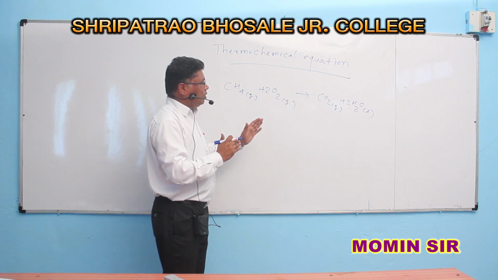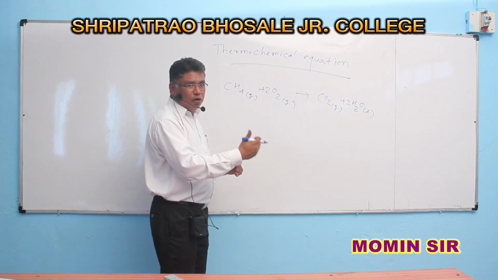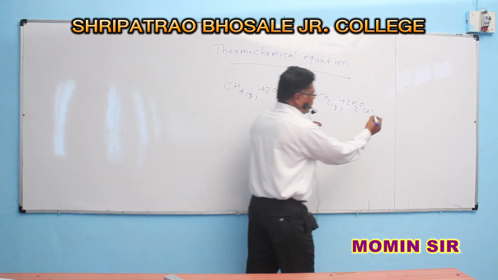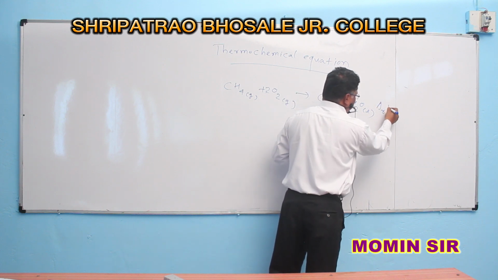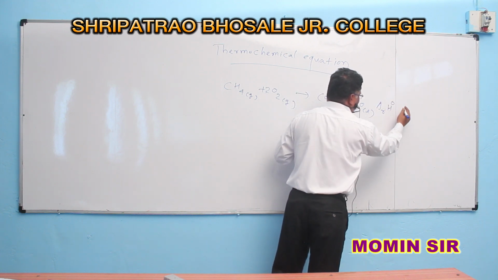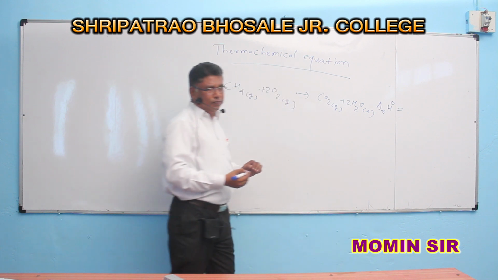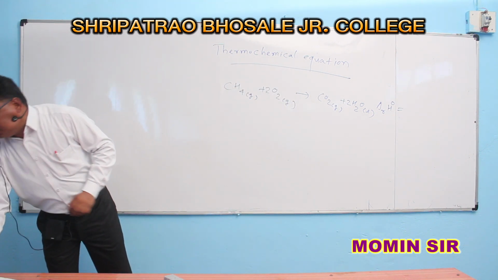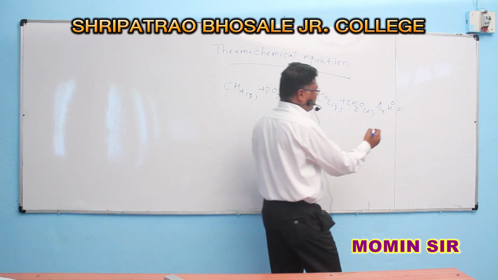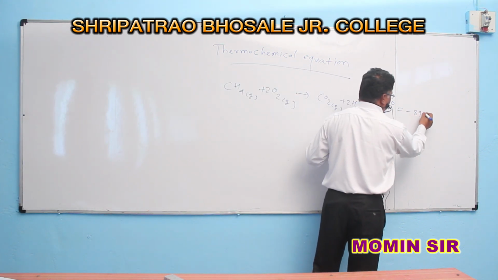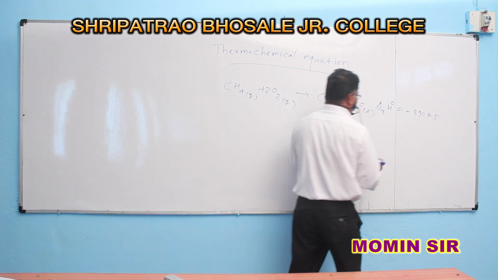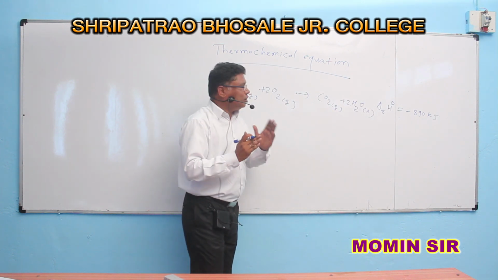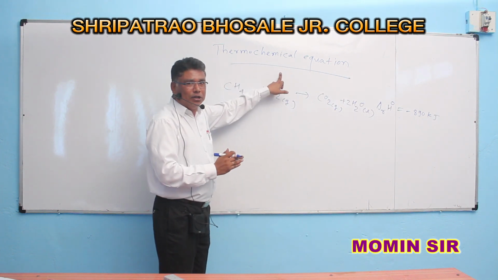But in a thermochemical equation, to the right hand side the change in enthalpy, delta H0 of the reaction, is given. So it is minus 890 kilojoule for this reaction. Now this equation is called a thermochemical equation. Why?